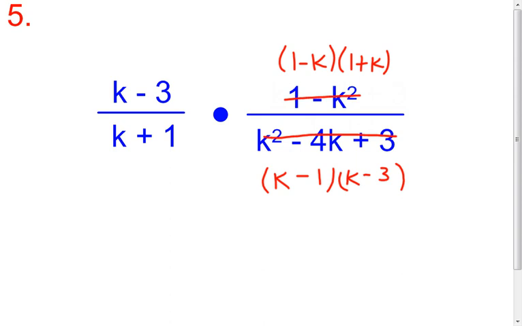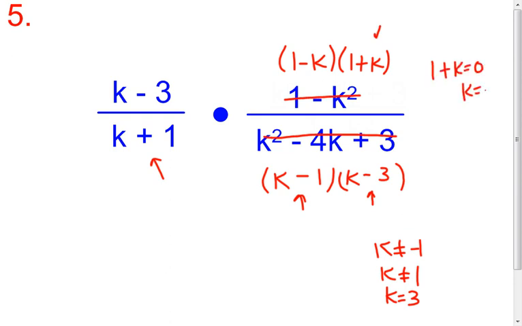And I want you to pay attention to this right here. K can't be negative 1. And right here, k can't be 1. Right here, k can't be 3. And then up here, when you go 1 plus k equals 0, k would be negative 1.